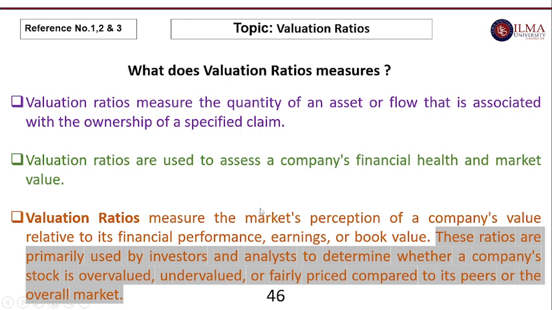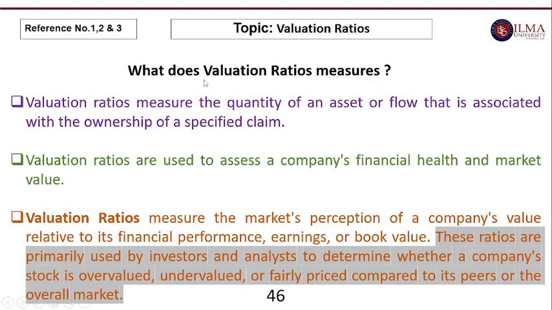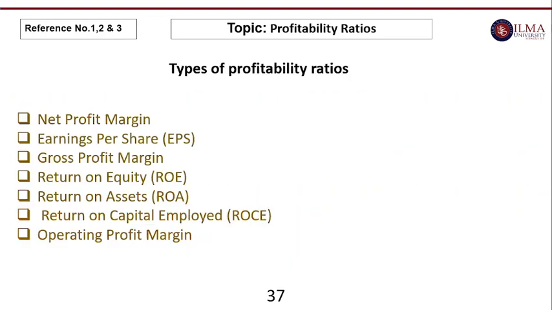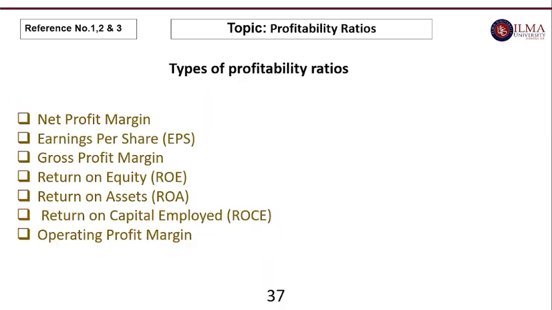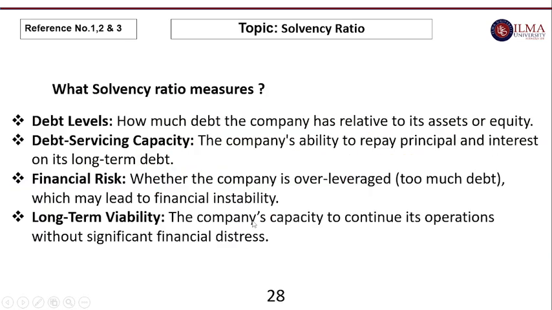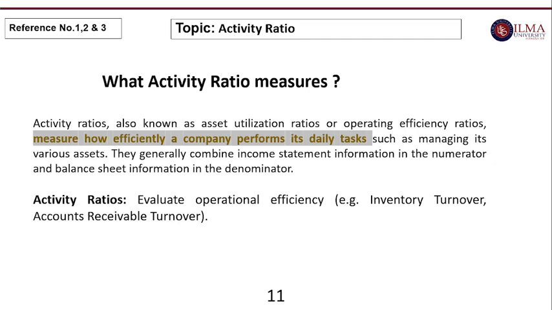So this is all about the valuation ratio, the last topic. I hope you have a very clear point about each and everything: valuation ratio, profitability ratio, solvency and liquidity ratio, and activity ratio.